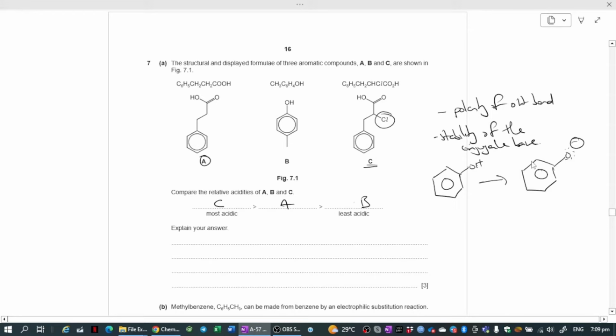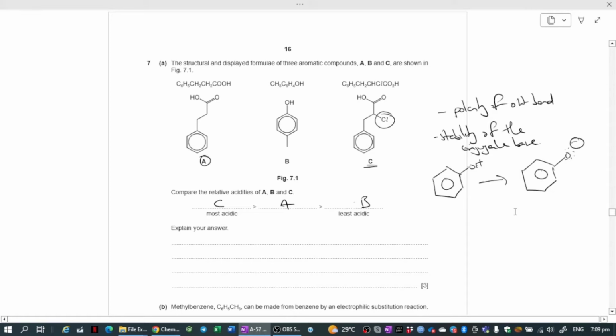If the conjugate base is stable, it means it does not readily recombine with an H+ ion to form back the parent compound. If it does that, then we are reducing the acidity because you have less free H+ ions in solution. So the more stable the conjugate base, the more quote-unquote unreactive it is.